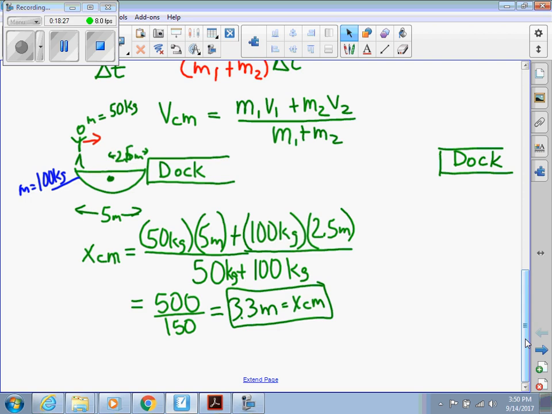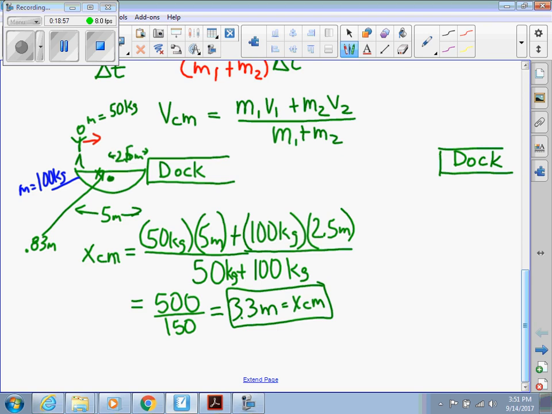And the location of the center of mass of this system is going to remain the same. We found that it's at 3.3 meters, so right about here somewhere is the center of mass of our system. And if we calculate it, it's about 0.83 meters away from the center of mass of the boat.